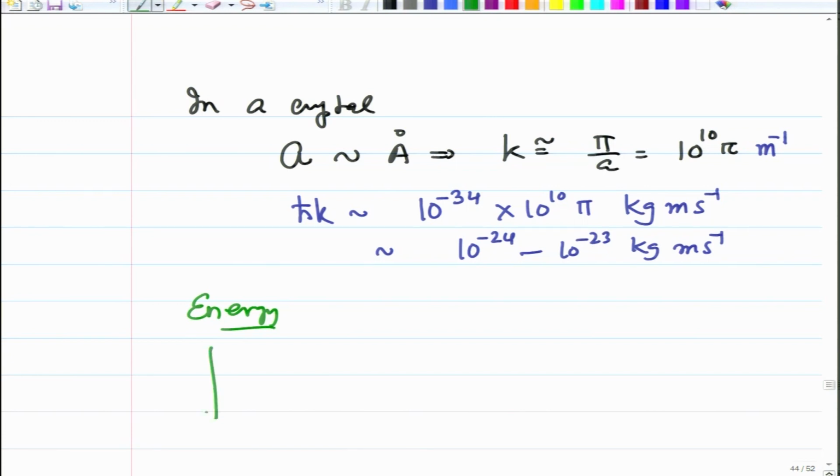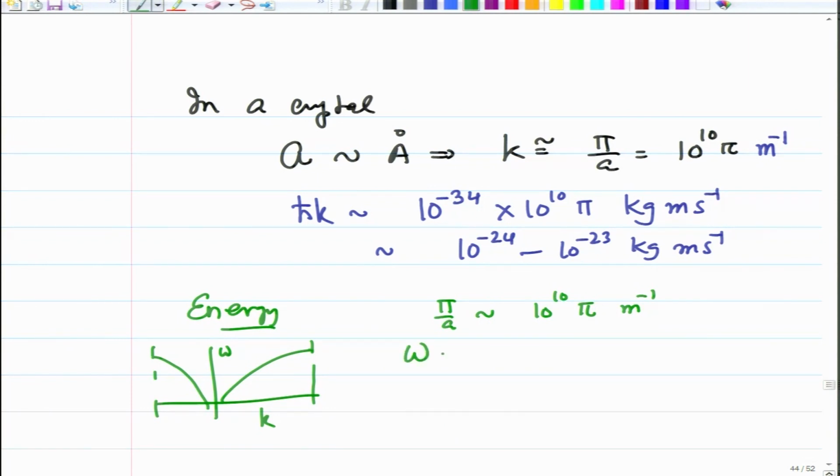As I said earlier, if you look at this graph of omega versus k, pi by a is of the order of 10 raised to 10 pi meter inverse, and I can say that the frequency omega will be of the order of V sound times pi by a, right, because this is the relationship we had found near k equals 0.